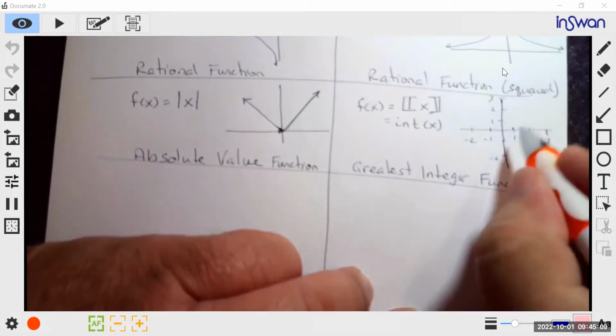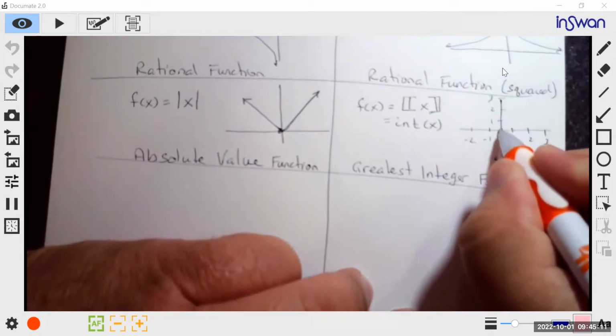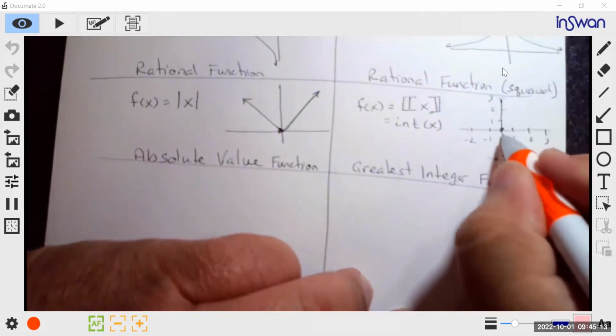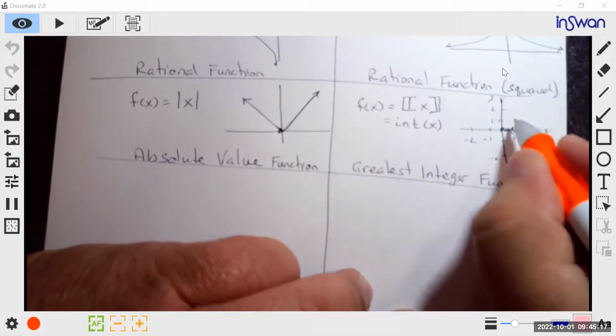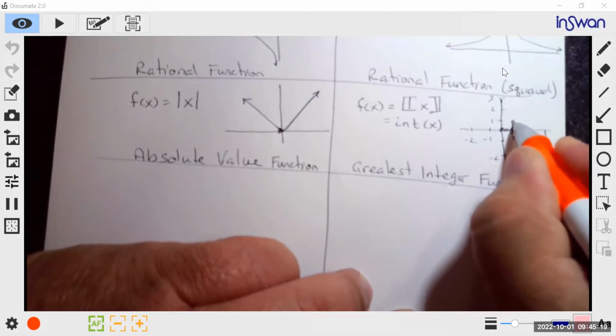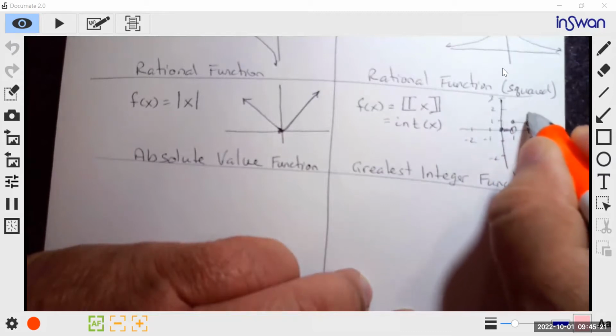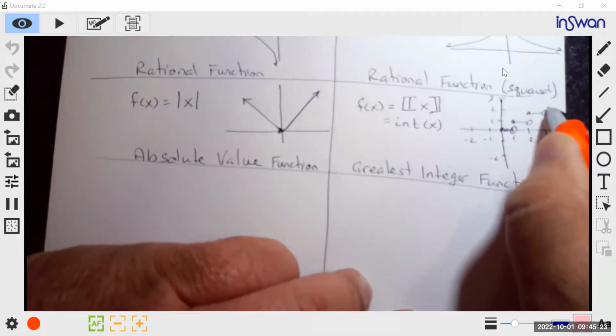There are no decimals here. So if the X is 0.0, it's 0. If it's 0 point everything all the way up to 1, it stays at 0. So you just drop off the decimals and leave it as a solid number.